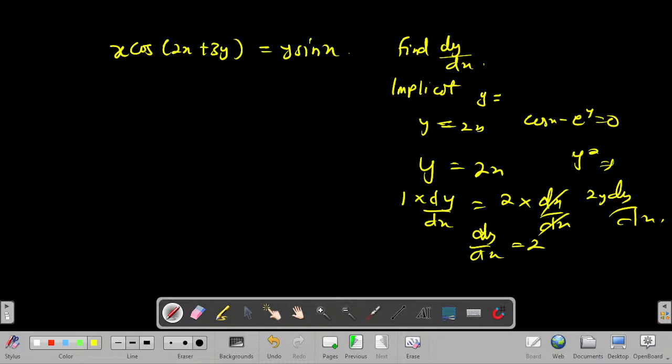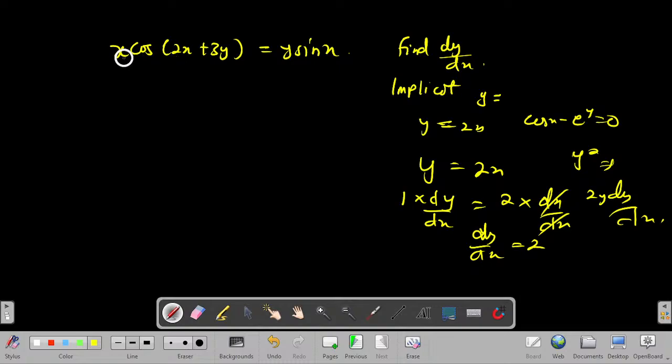You realize that I have x times cos of the expression 2x plus 3y, right? So I'll have x and cos of 2x plus 3y here. Since there are two separate functions, x itself and a cosine of 2x plus 3y, which is a trigonometric function, for that reason you apply the product rule.